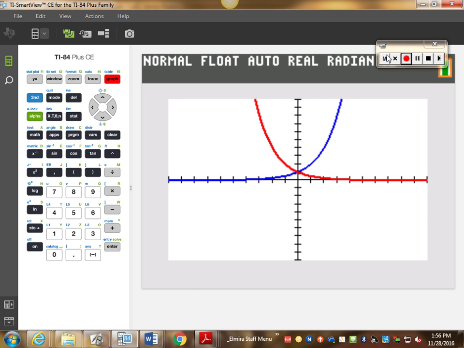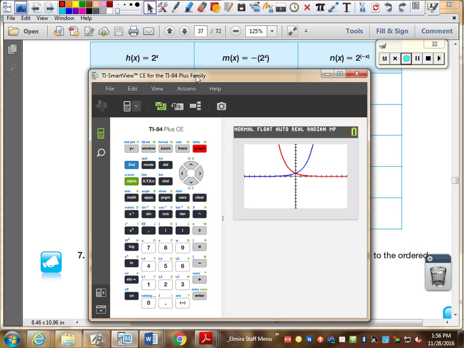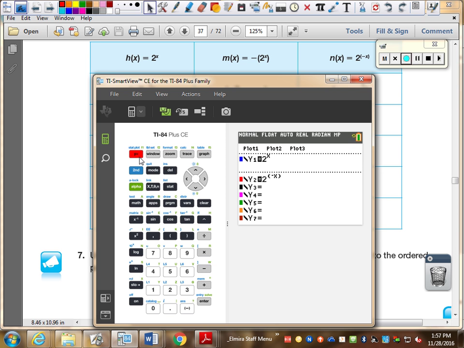What I want you to do in your calculator is go into your y equals, have this be y1, 2 to the x, y2, and y3. And I want you to look at the table.